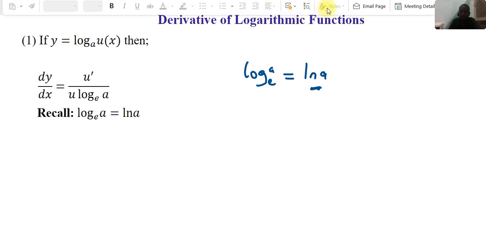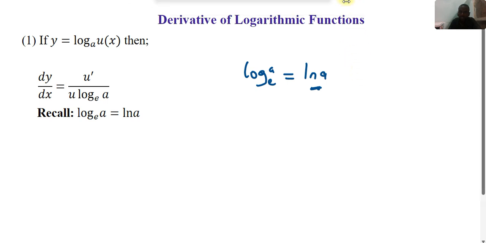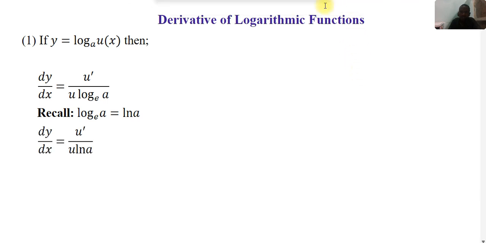Okay, I'm going to have it expressed in this manner. We have dy dx will be equal to u prime over u ln a, because we have replaced the part of the denominator, which is log a base e, that's the natural log of a, so we are writing it as ln a.